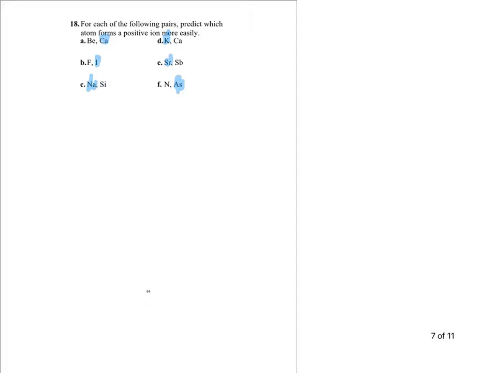Beryllium and calcium. Calcium is going to form a positive ion more easily as we're moving down the periodic table.